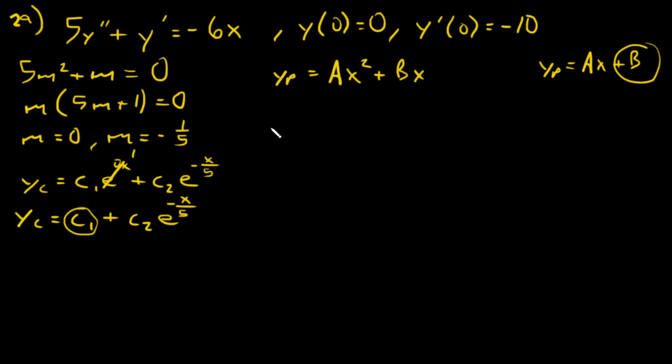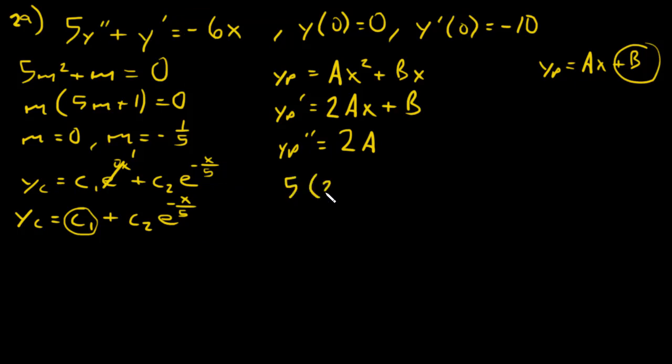Alrighty? So y sub p prime is going to be 2ax plus b, and then y sub p double prime is just going to be 2a. That's not bad. Okay, so now I can build my DE. So this is going to be 5 times 2a plus y prime, which is 2ax plus b, and then that is going to equal negative 6x. Okay, so now I can gather my terms.